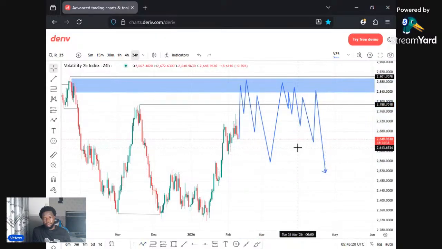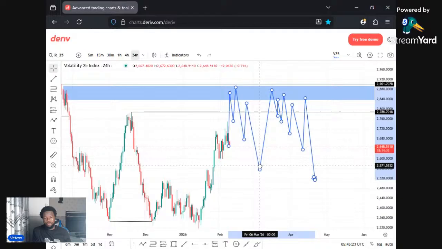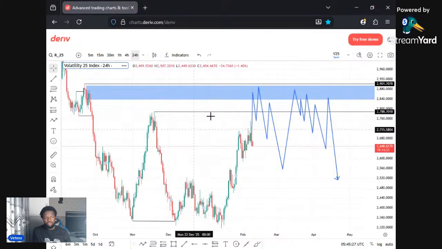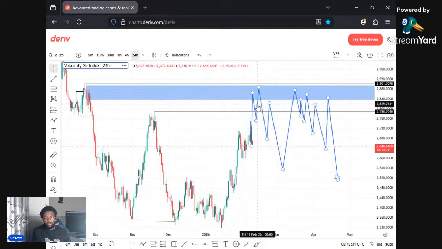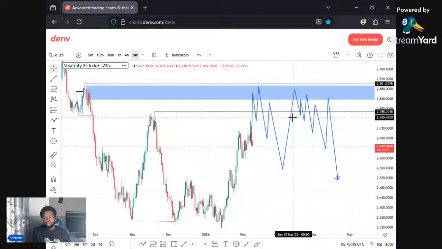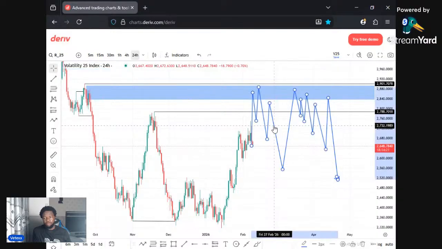Hopefully price gives us this, and once it does, we can keep selling in the opposite direction. This is what we're anticipating.